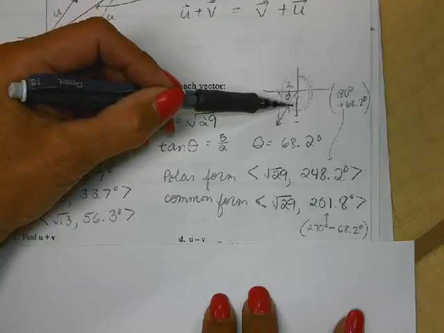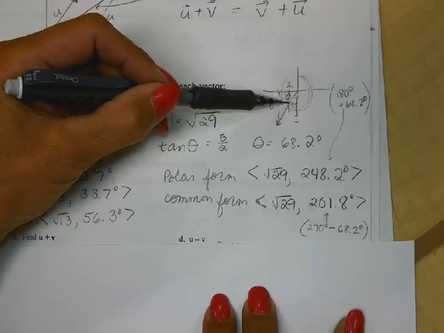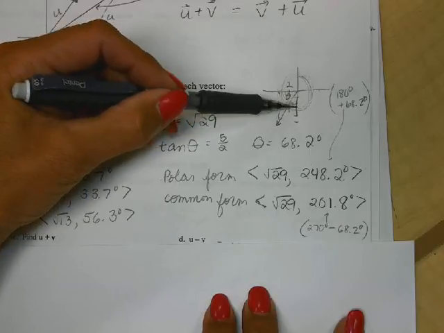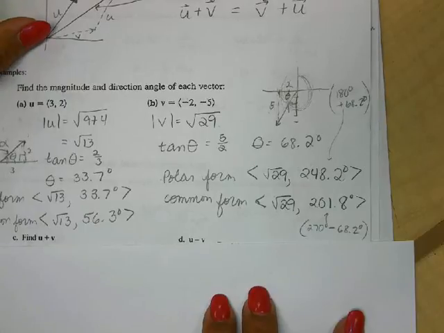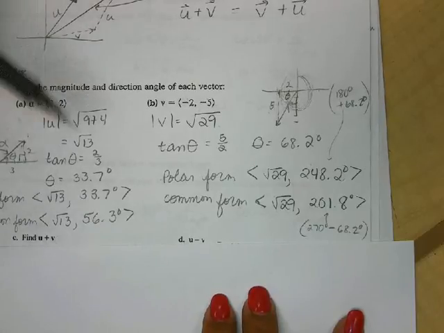Or, if I know that's 68.2 degrees, I could find the complement and find this little portion of the angle here and take 180 degrees plus that little portion, and in either case you'd end up with 201.8 degrees.